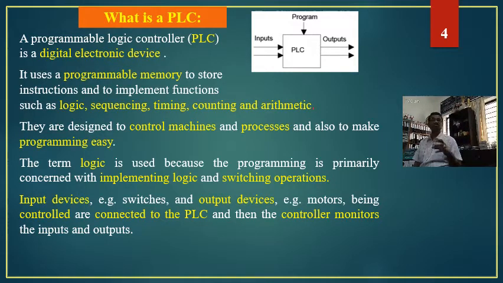Yes, the basic job of a PLC is to monitor the input and monitor the output. What is happening in the output device, and what is happening with the input device, those things are to be monitored. At the same time, depending on the program that has been written, controlling is also very important. Like the previous example that I had given, if the flow rate increases in a pipeline, then the flow rate needs to be continuously monitored by the PLC.